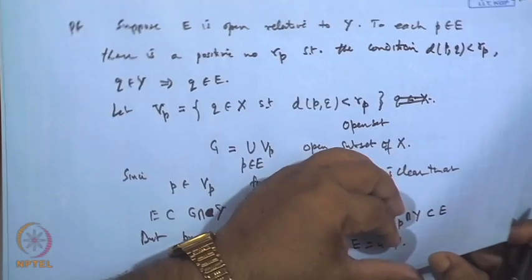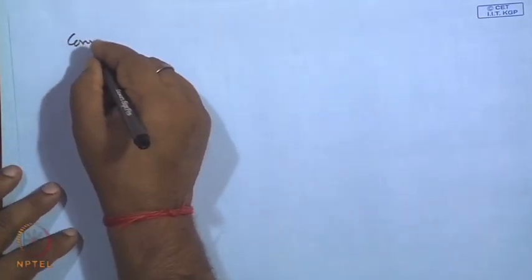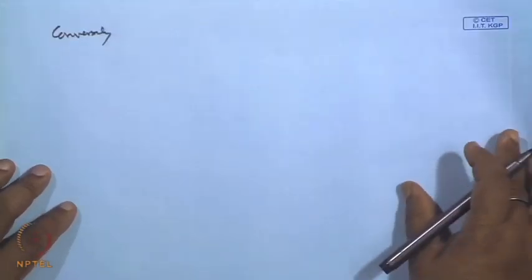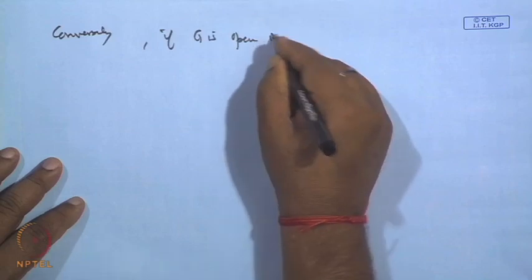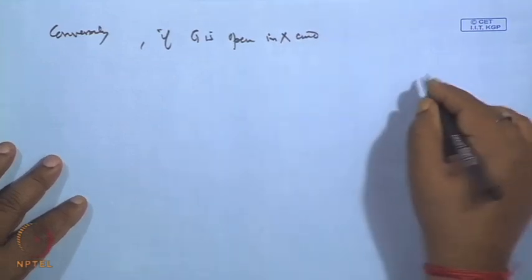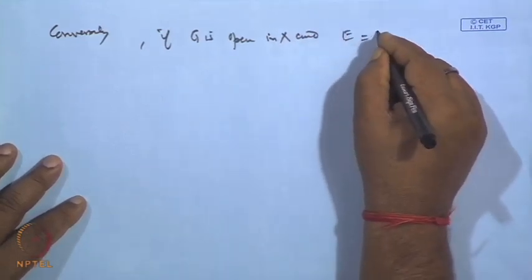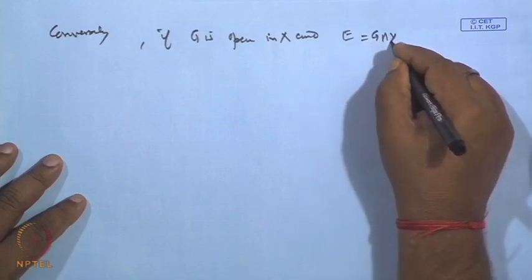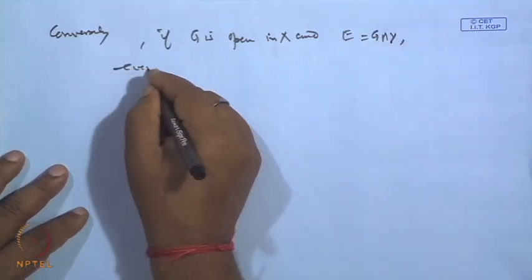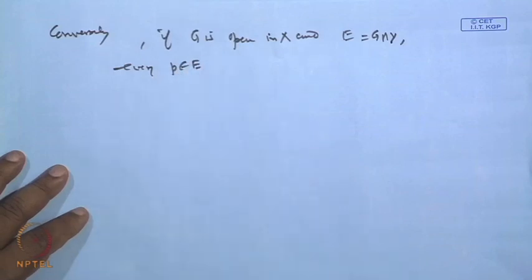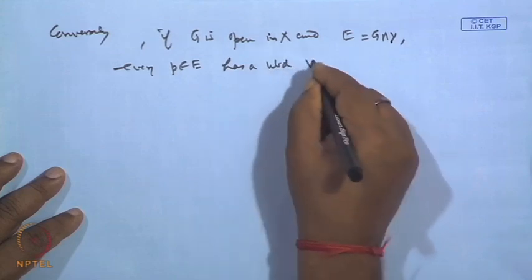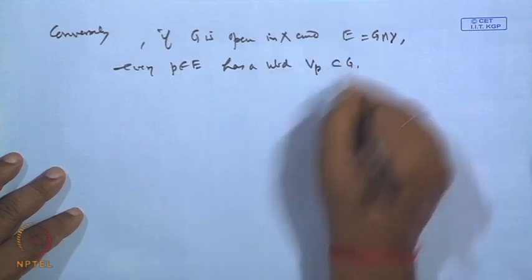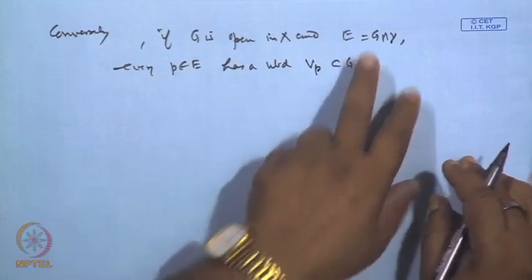Conversely, if G is open in X and E is of the form G intersection Y, then every p belonging to E has a neighborhood B_p which is totally contained in G, because G is open and p is in G. Then the neighborhood intersection Y will be contained in E, because p is in there and E is of this form.